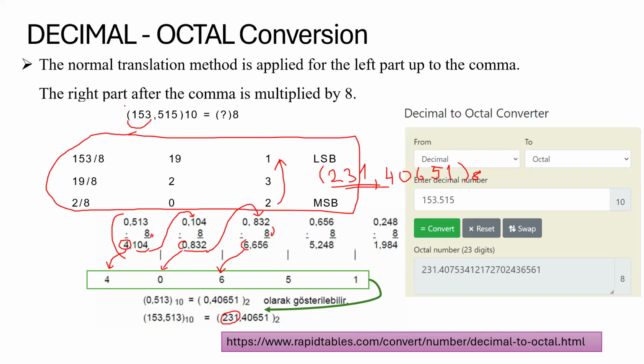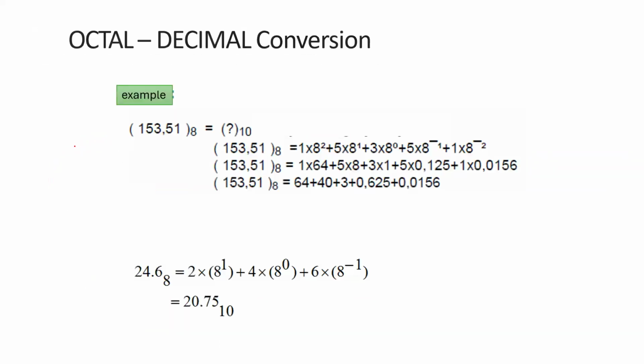Actually, in decimal, at the left part of this comma, you should divide by 8. But at the right side of this comma, you should multiply by 8. In this scenario, we are calculating this structure. We have no multiplication and we have no division operation. We are converting this octal number to a decimal number. So you should apply this approach.